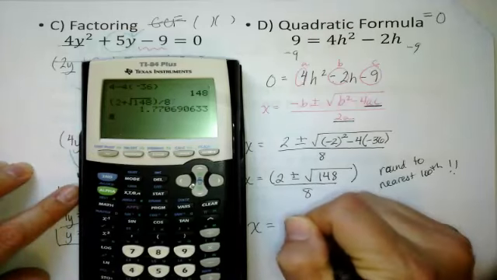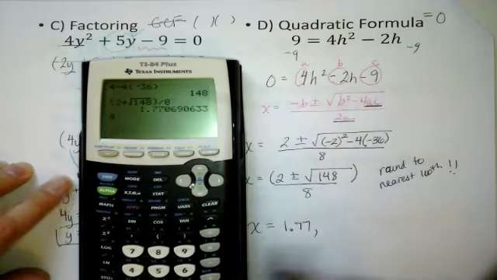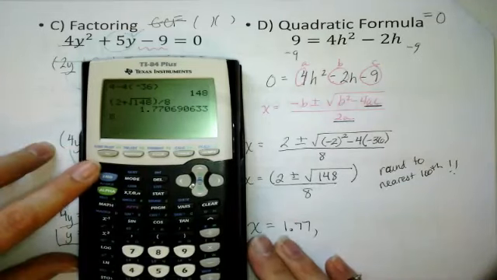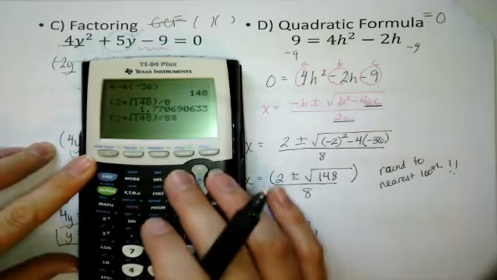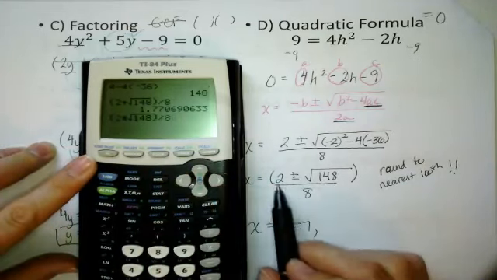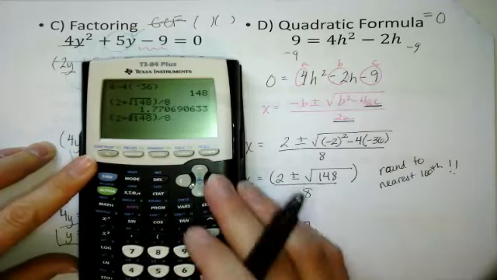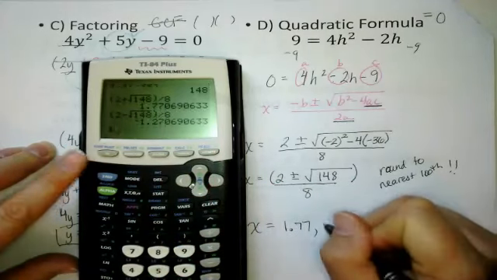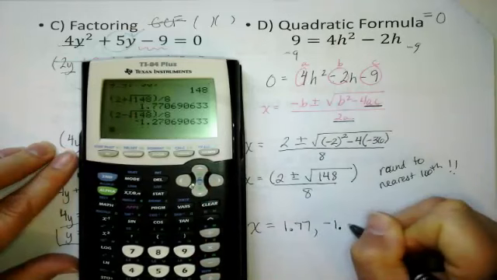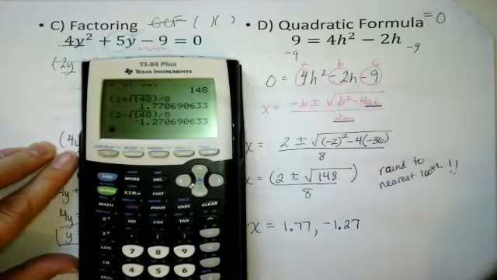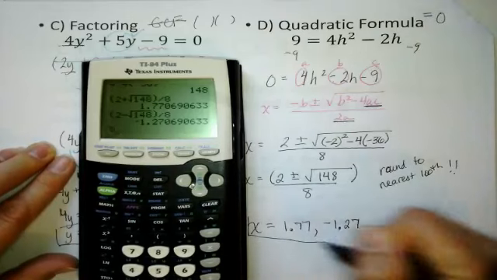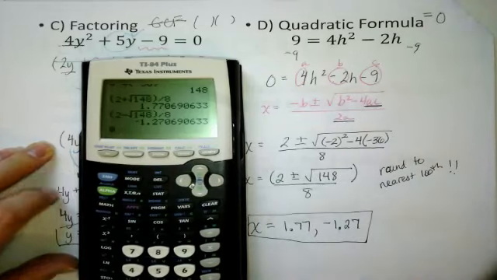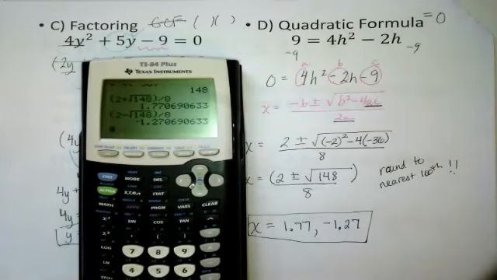And I get 1.77. And then I'm going to do the same thing. And I can just pull up the same old entry, second entry, and change it to 2 minus radical 148 over 8. And I get negative 1.27, rounded to the nearest hundredths. All right? And so that, I think, is all you need to do on quadratic formula.